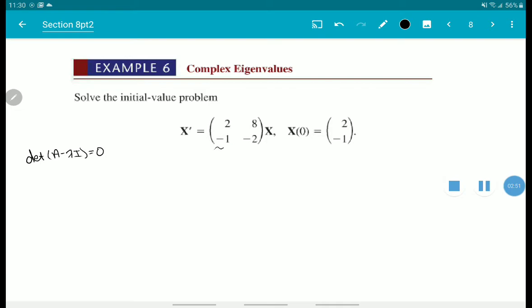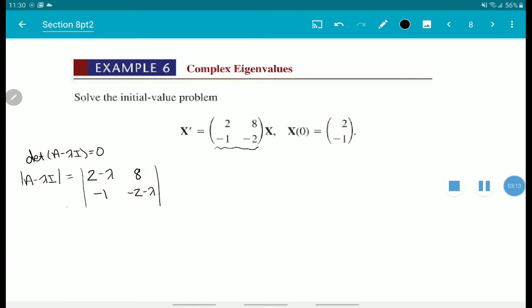So we know our A matrix. If we take A minus lambda I, in this case, we are going to have 2 minus lambda, 8, negative 1, and negative 2 minus lambda. And we want to find the determinant of that matrix.